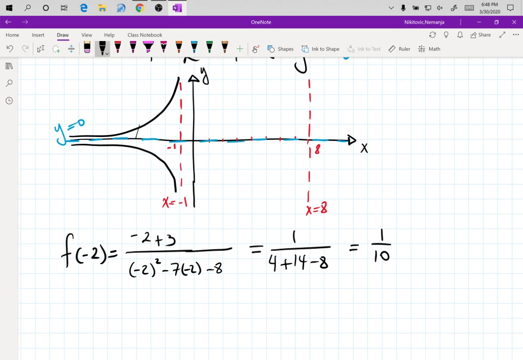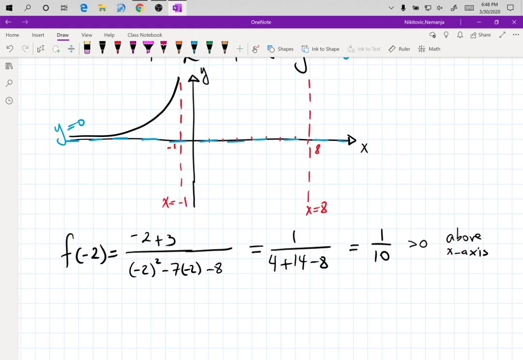That's 1 over 10. Well, that's positive, so above the x-axis. So we delete the line that is below the x-axis, because that line has negative y values and all we have is a positive y value when we did the calculation.